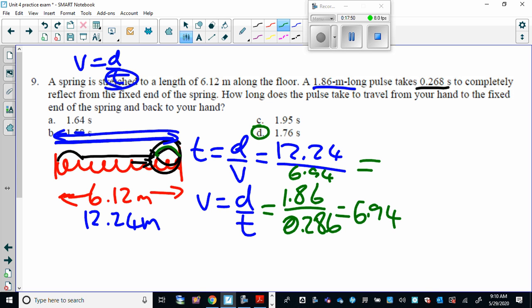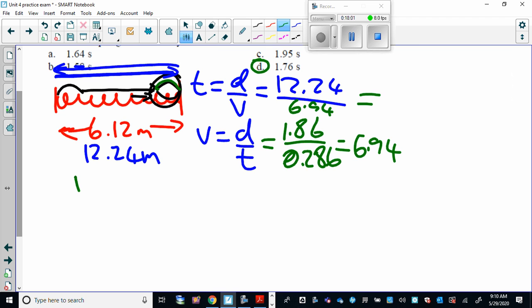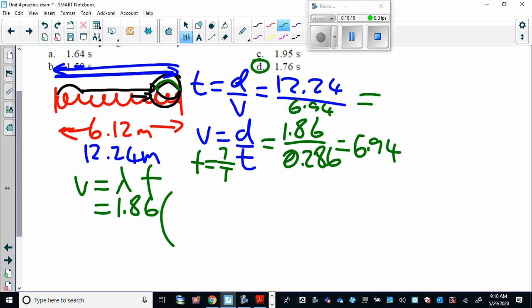All right, so you may want to watch that example again, just so you understand what these numbers mean. You could also do it like this. You could say that the velocity equals the wavelength times the frequency, and the wavelength is 1.86, and the frequency is 1 divided by the period.